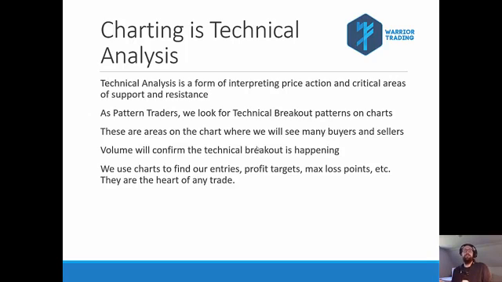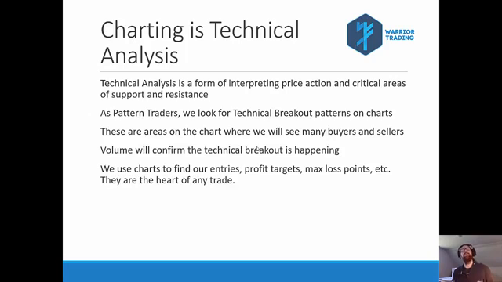And then as pattern traders looking for our flat top breakouts or our bull flags, we're going to be looking for technical breakouts on the chart. These are places where we expect to see many buyers and many sellers. And the volume will confirm that the technical breakout is happening. That tells us that we're not the only person looking at this setup, that thousands of other traders were looking at it at the same price, and that's why we're getting that clean resolution and that big breakout.